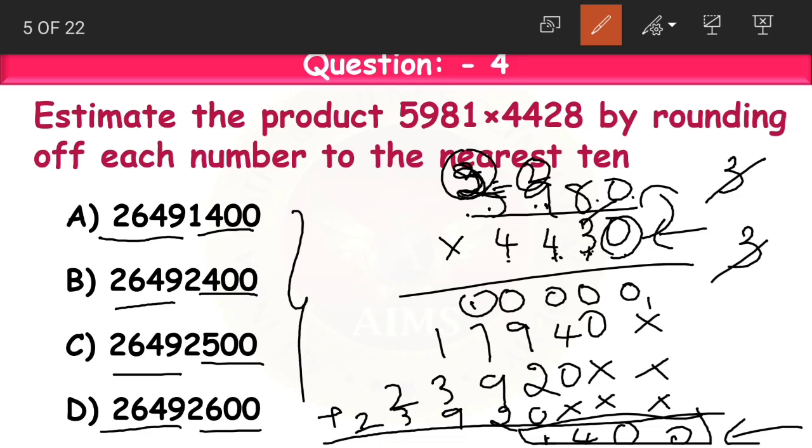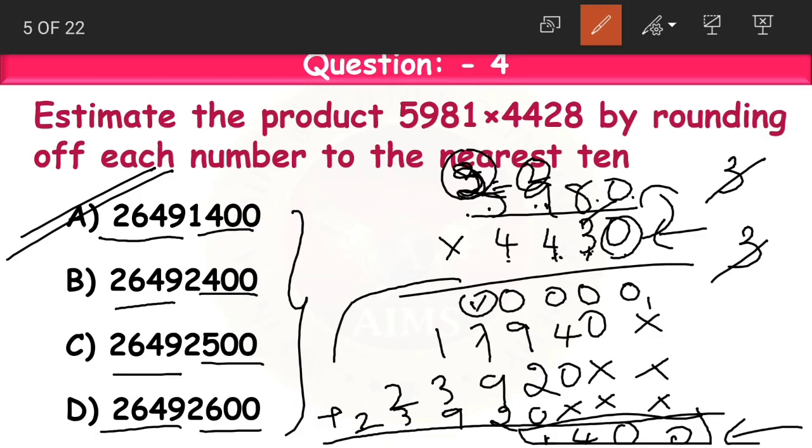Which of these options has 1400 as the answer? Option A. So option A simply becomes the right answer. You need not even add the remaining numbers. When such multiple choice questions are given in a competitive exam, you can use this trick. But now I'll give you the full answer also. I am saying this for your future use.